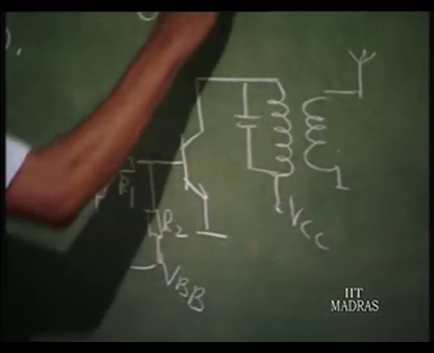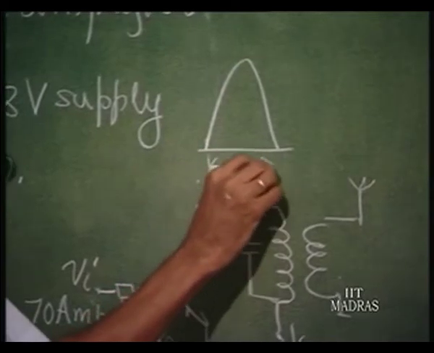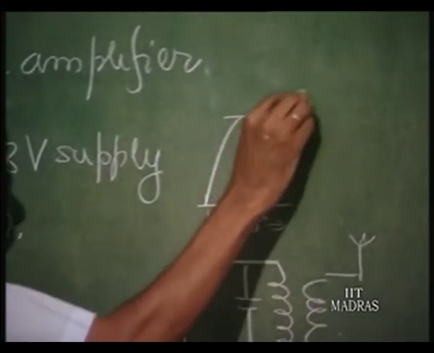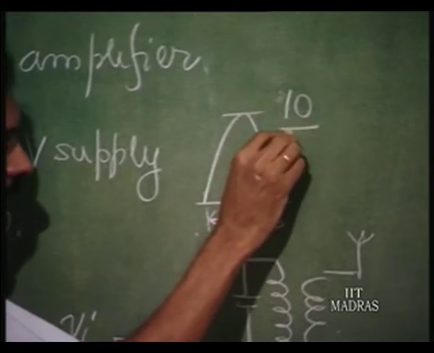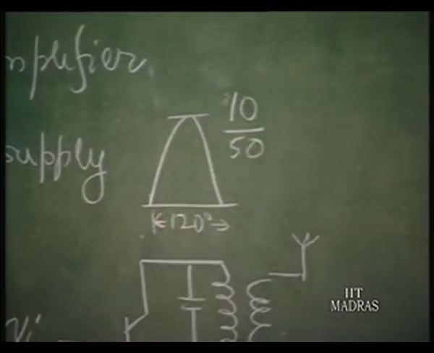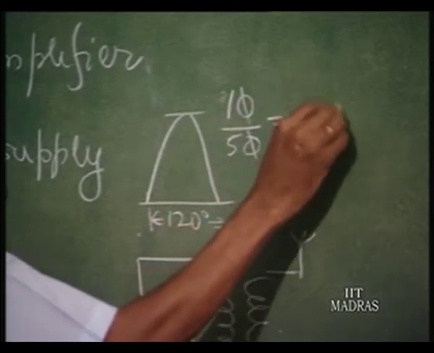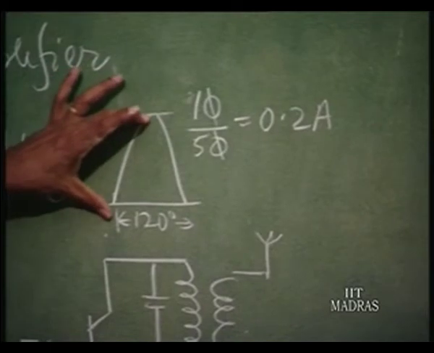So, the base current is going to be like this, conducting for 120 degrees with 10 amperes divided by the beta. Let us say it is typically maybe 50 or so. Okay. So, about 0.2 amperes. Okay. That shall be the current waveform.